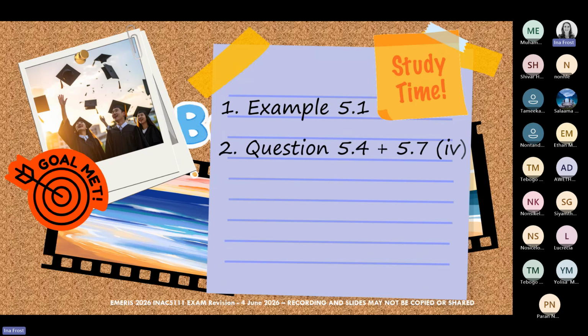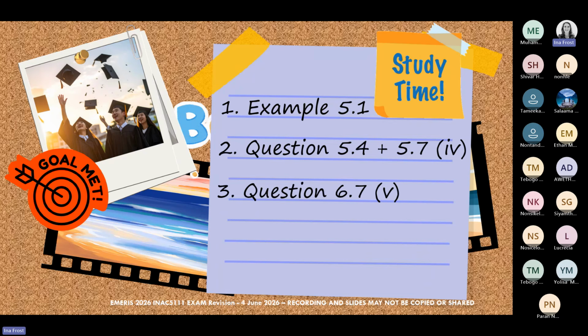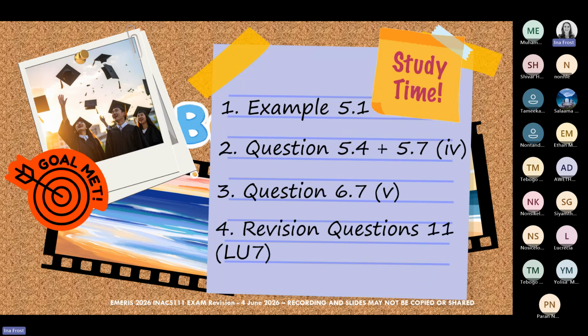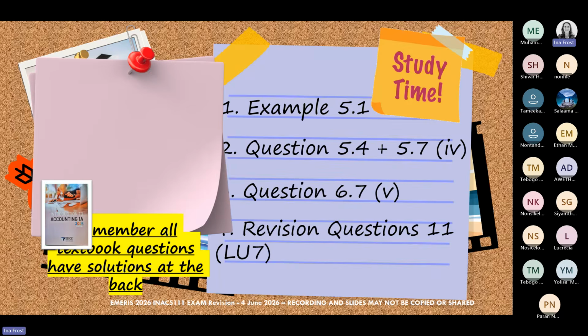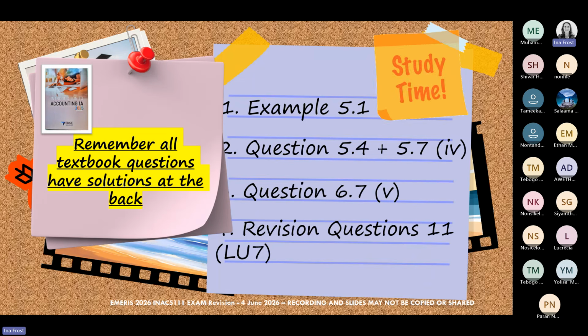Then there's question 5.4 and 5.7 and question 6.7. All of these questions are on general journal entries. And lastly, at the back of your textbook in that Learning Unit 7, there's also a general journal entry question. So there's actually quite a few questions in your textbook that you can then practice on general journal entries.